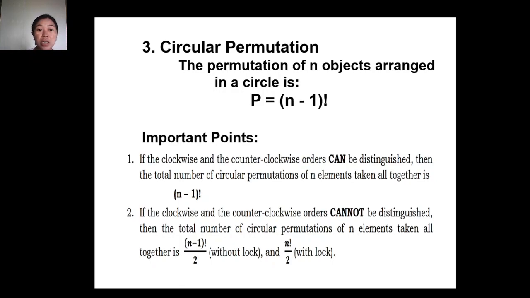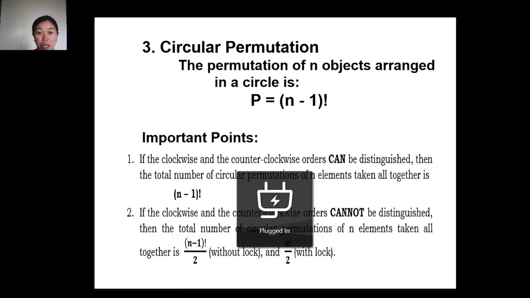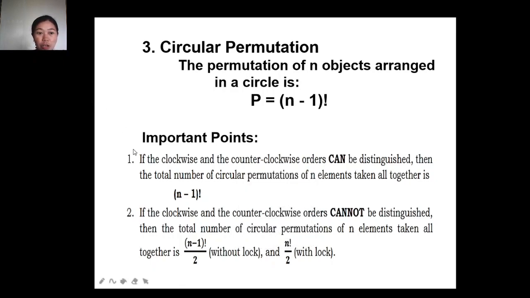But we have to consider these 2 important points for circular permutation. Number 1, if the clockwise and counterclockwise orders can be distinguished, then the total number of circular permutations of n elements taken altogether is n minus 1 factorial. This is our original formula.